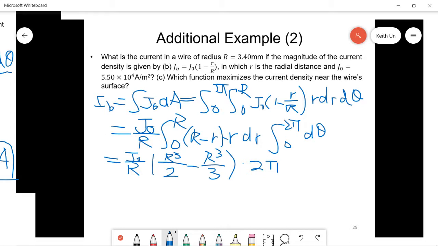So it is pi R squared J0 over 3, which is half of the previous answer.